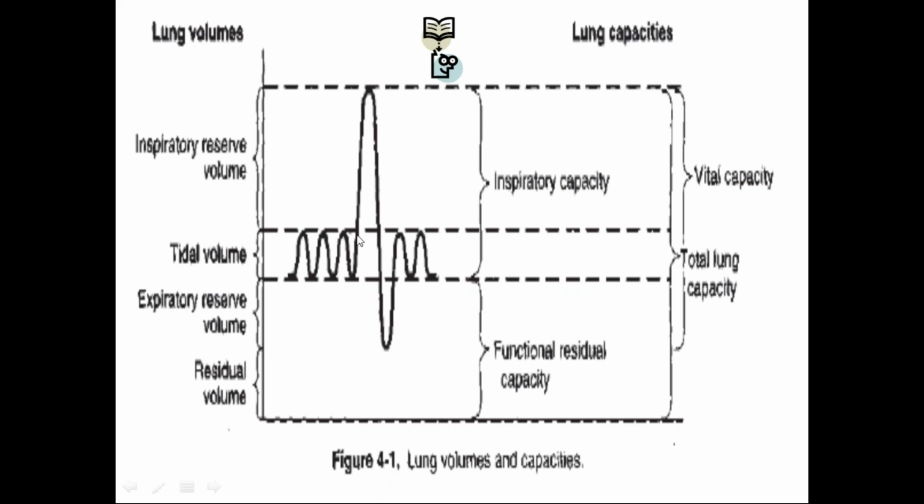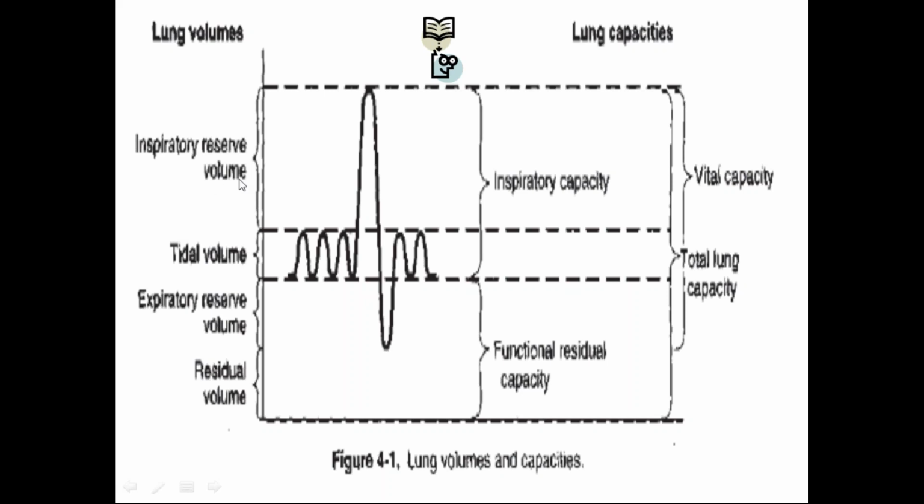After you exhale, at the end of the tidal volume, you inhale all that you can, and that is the inspiratory reserve volume. Then we have the expiratory reserve volume and the tidal volume again. So we have L-I-V-E-R, liver: I of liver, V of liver, E of liver, and R of liver, right?